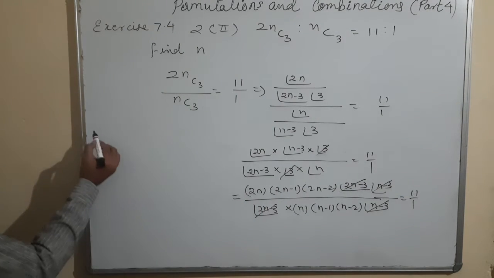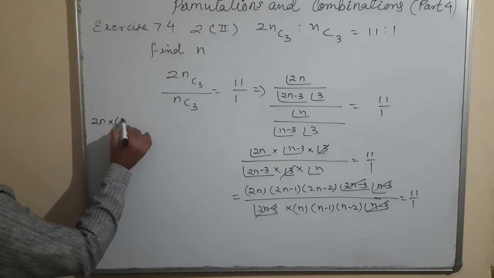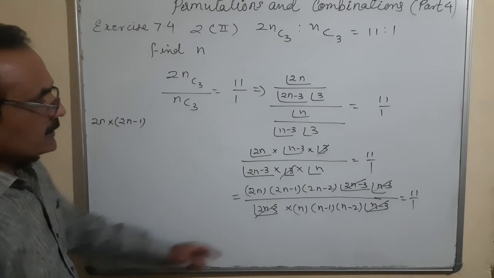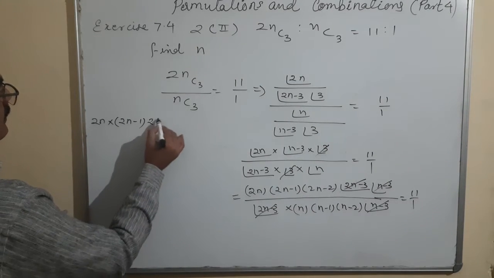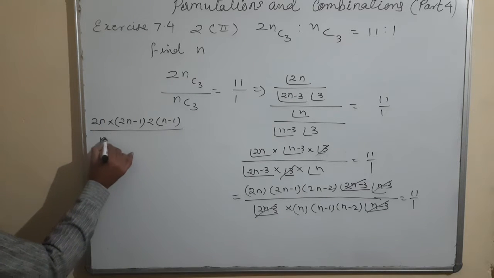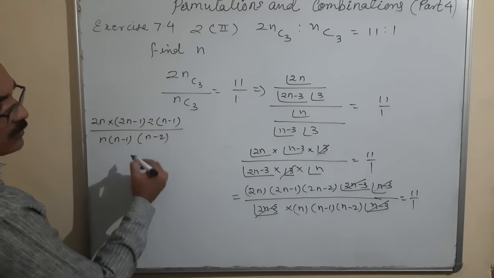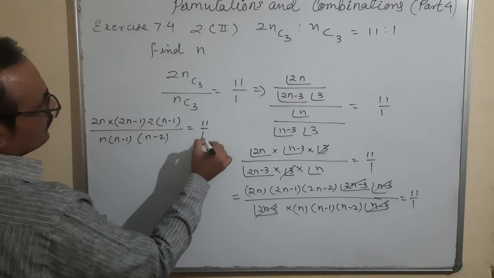Here I can do one thing: 2n multiplied by 2n minus 1, and this can be taken 2 common, upon n, n minus 1, n minus 2, is equal to 11 upon 1.